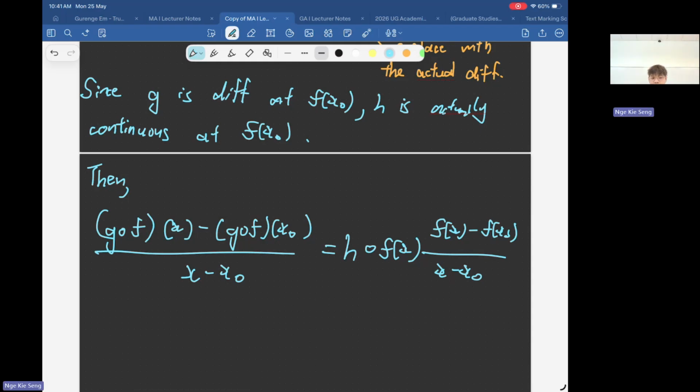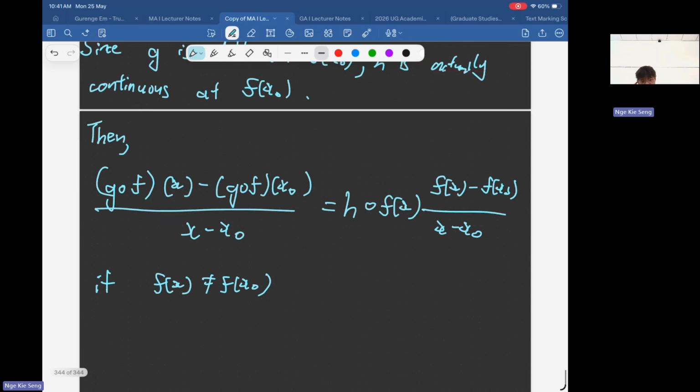So why is it equal? It is equal definitely when f(x) is not equal to f(x_0), but even if f(x) equals f(x_0), what will happen?